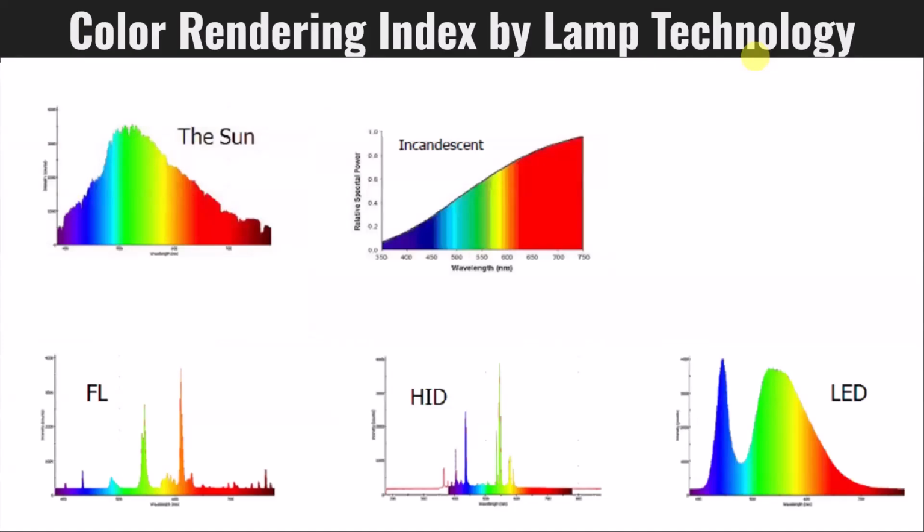Here is what I think is really important to see and understand for color rendering index. Okay. So as we were talking about last class, the sun is our most perfect source of color rendering. All right. Now, the sun is not the same CCT all day long.